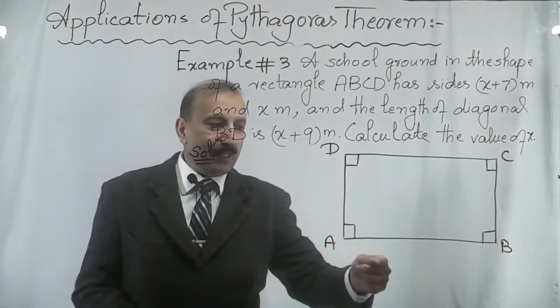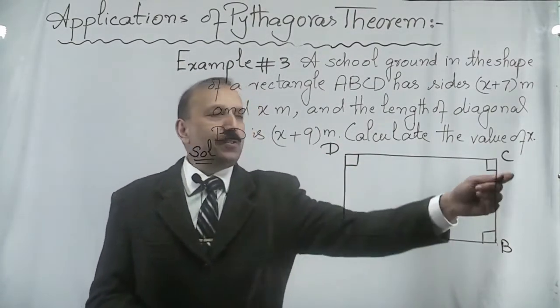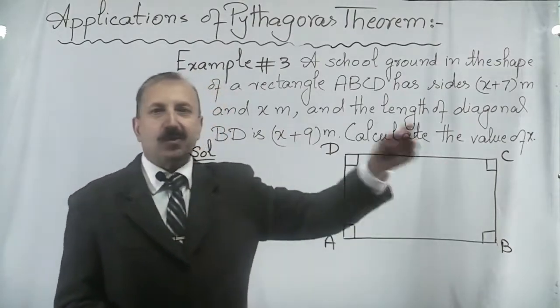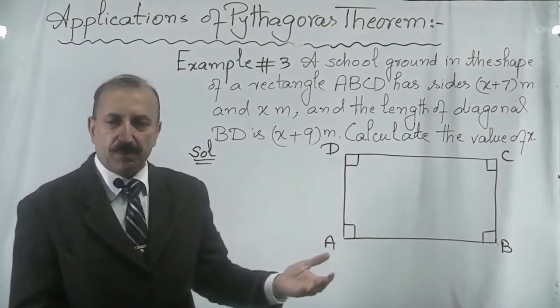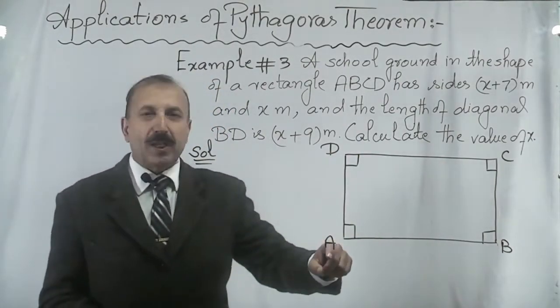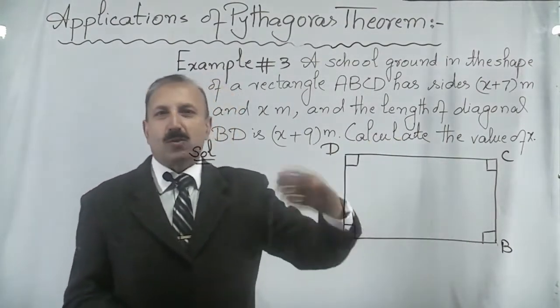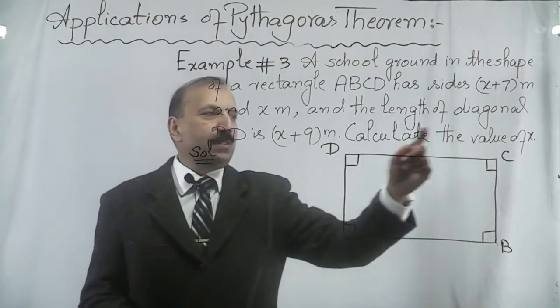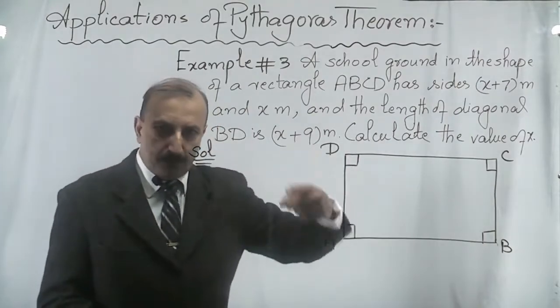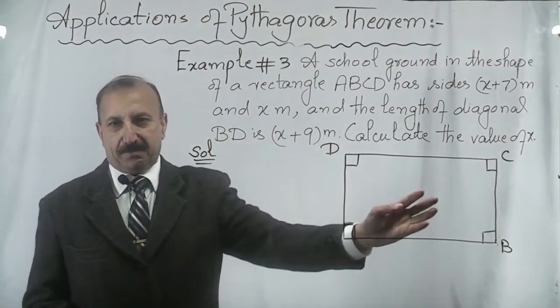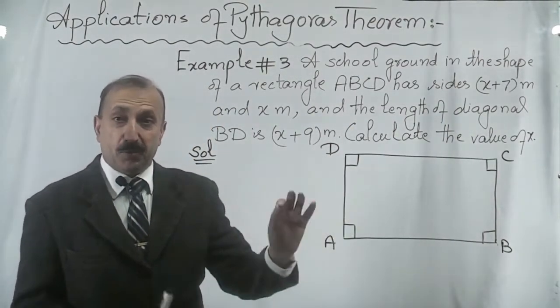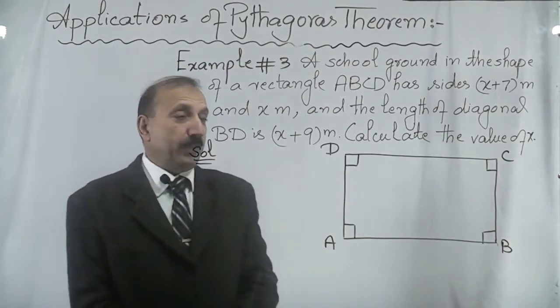You may label them A, B, C, D in anti-clockwise order, which is the best one, but no problem. You can label them in clockwise order as well, A, B, C and D. So in order you're supposed to label them. It's very important. You need to pick this key point.